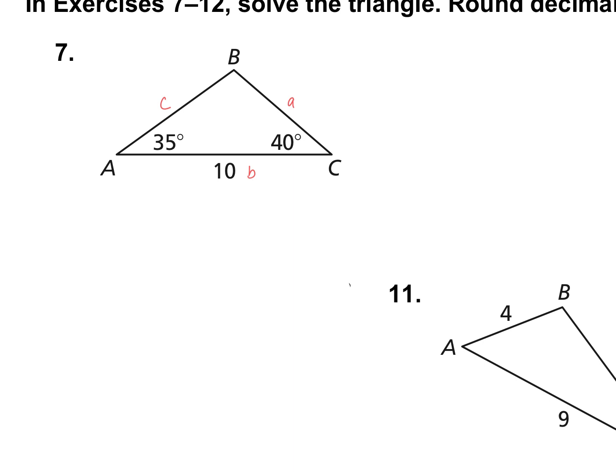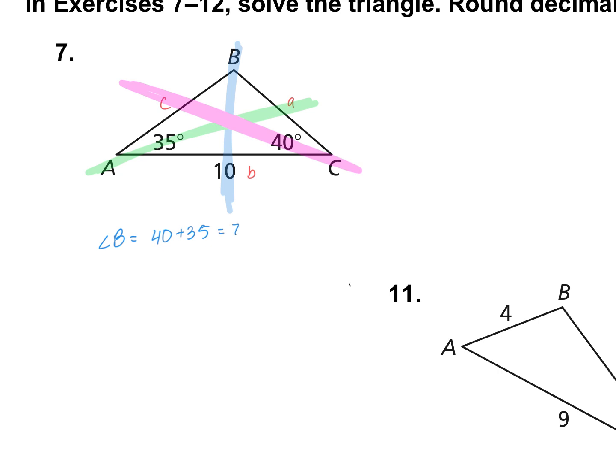Here's side B, here's A, and then here is C. Because they're not giving me a matching angle with a side, however, looking at it, I can find angle B, because that should be the easiest angle. If they're giving me 2 of my angles, I just have to find the missing one. So in order for me to find angle B, I'm going to add 40 plus 35.